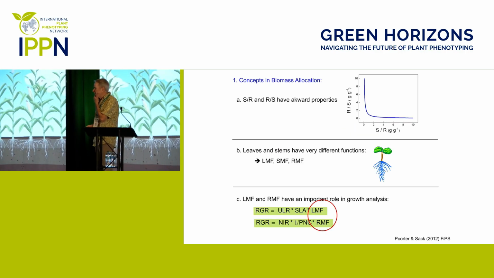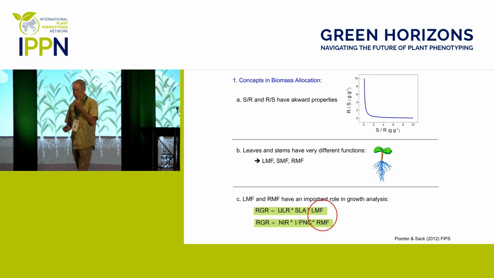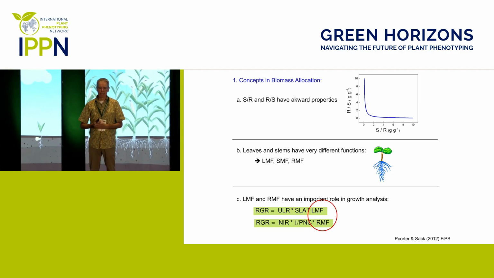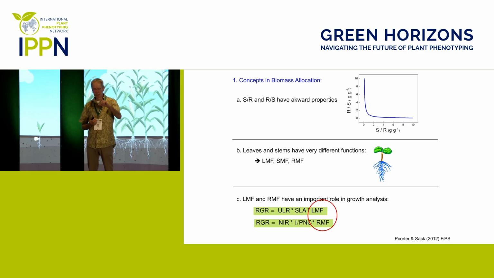Now, then there's another point. Our predecessors, 100 years ago, when they were talking about allocation, started to talk about shoot-to-root or root-to-shoot allocation. And I'm not that happy with it. One reason is that if you have more shoot than root, then your shoot-to-root ratio can go up from 1 to 1,000 or more if you want. But if you have more root than shoots, the shoot-to-root ratio can only vary between 0 and 1.